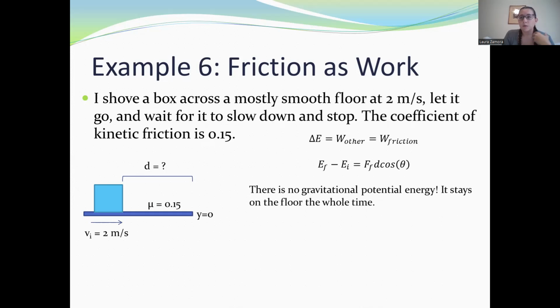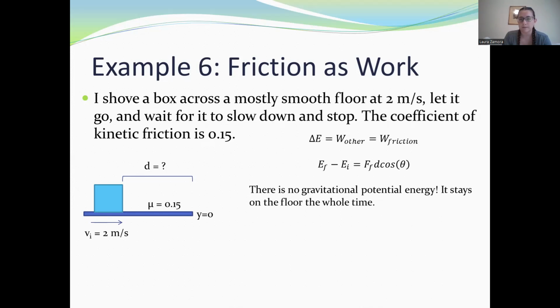For this question, there's no gravitational potential energy, because the floor is where I established my 0 point. That means the gravitational potential energy is 0 at each point of its motion, so we can completely ignore it.